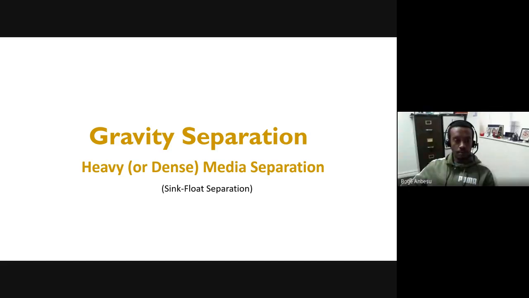Okay, seems like most of you have joined by now. So maybe we can get started. Okay, so for today, as you can see in that first slide, we're going to talk about gravity separation. Now I know we talked about gravity separation last week, but last week we mainly focused on separators that use water as a media.